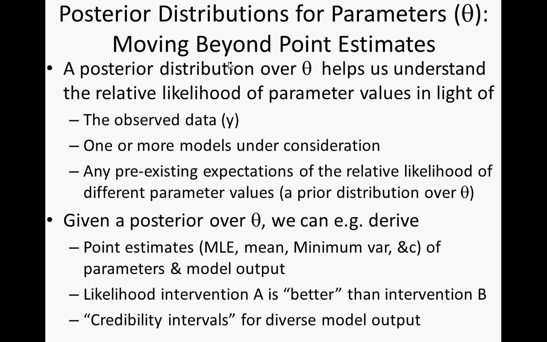We could arrive at a mean estimate. We could arrive at a maximum a posteriori estimate, so the highest density point within parameter space where the likelihood of the posterior is the highest. We could arrive at a mean, for example, a minimum variance estimate, etc., for parameters. But not only can we do that for parameters, we can do that as well for model output. That is, we can arrive at distributions associated with output from the model or models.